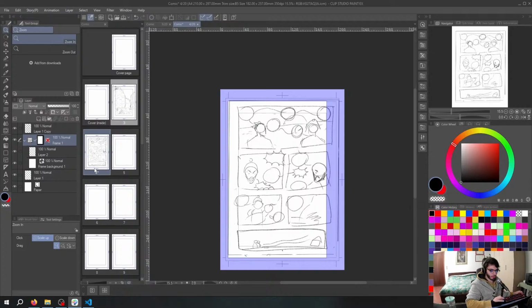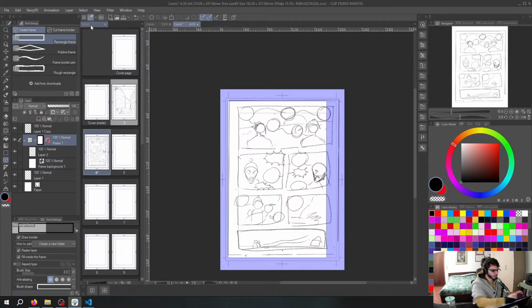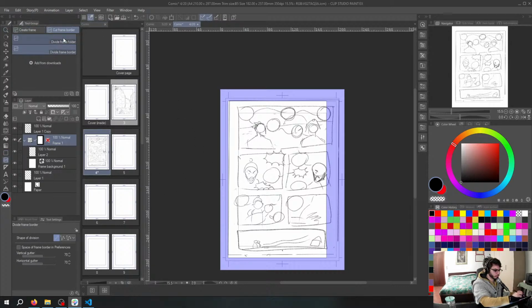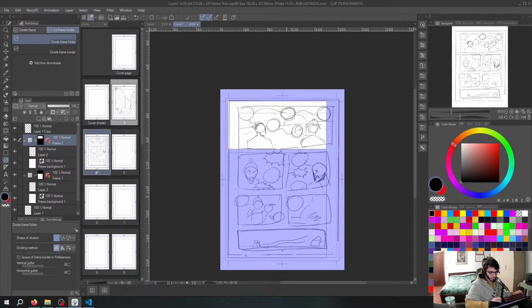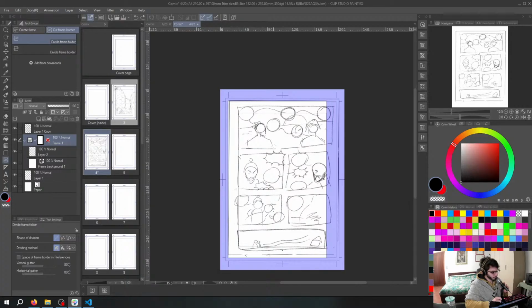I think I'd like to work on single frames, so I'm gonna go with a frame cutter. And we would need two measures. One for the vertical and one for the horizontal.